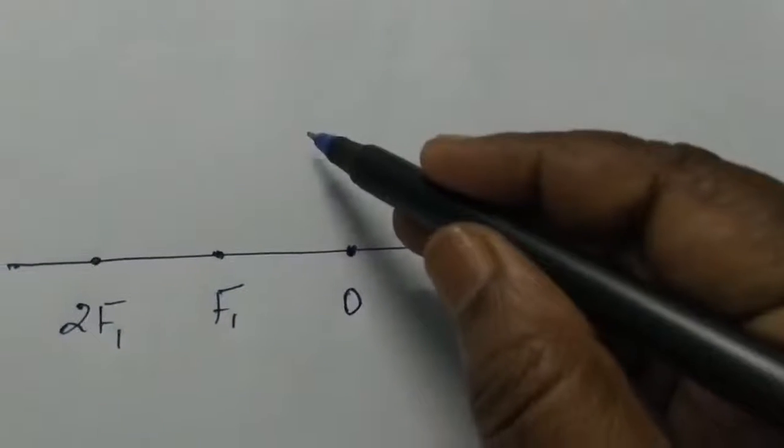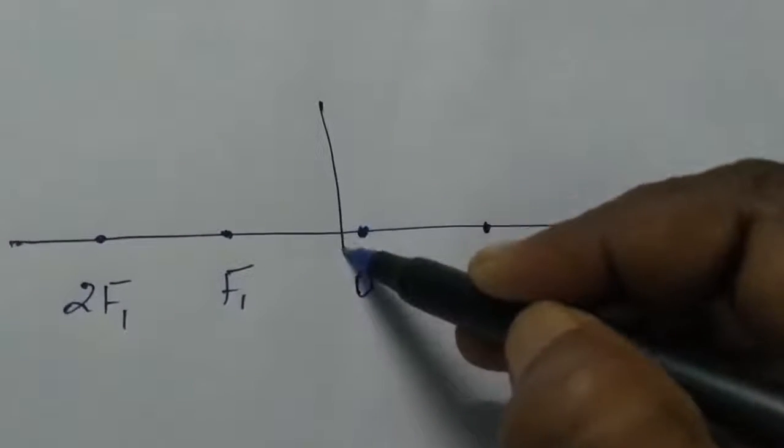Now draw the concave lens at the optical center.